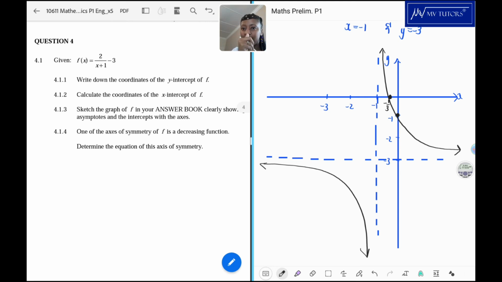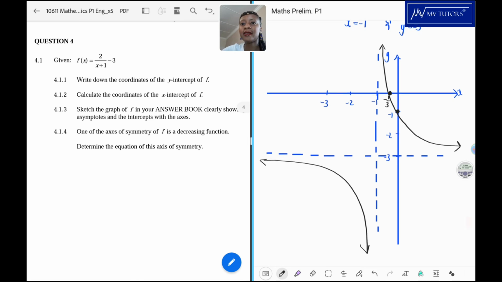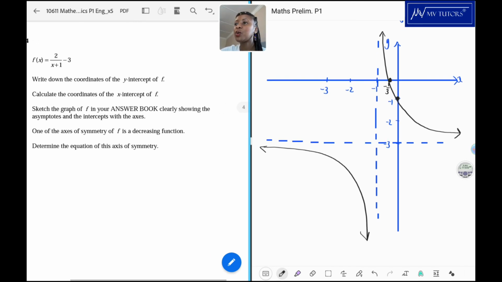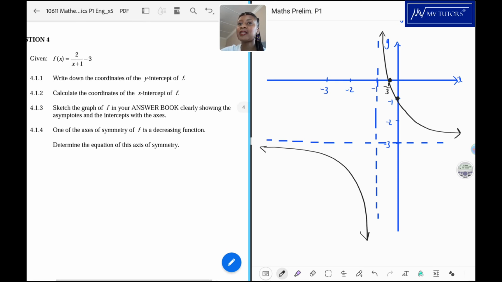We have our x and y intercepts. They said we should clearly show the asymptotes and the intercepts. So I'm just going to put there, we have -1/3 and 0. Then we have 0 and -1.